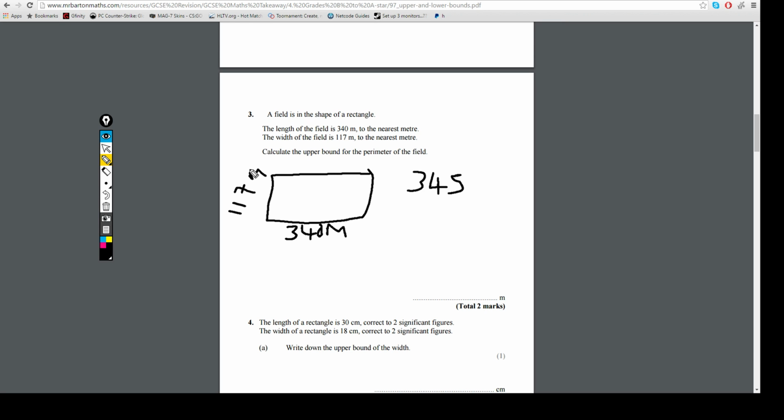Actually, I have done it wrong again. Sorry for this. It isn't that. It is 340.5. I think that's the upper bound. Yes, it is.